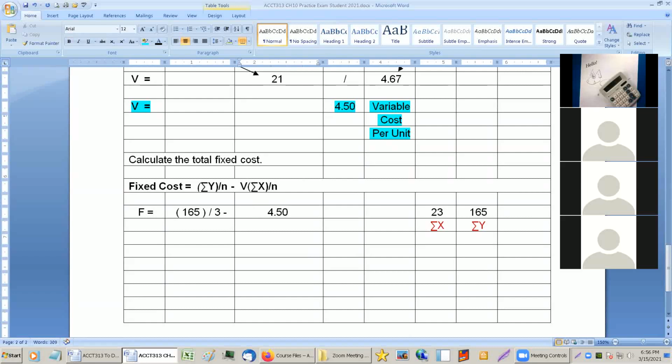So it's variable cost per unit, and now we just are getting the average number of units. X are the units, divided by n is just 3, which is just the average number of units. So that's all they're really saying here. So on average, how many units did you have? We had 23 units total. That was for 3 data points.